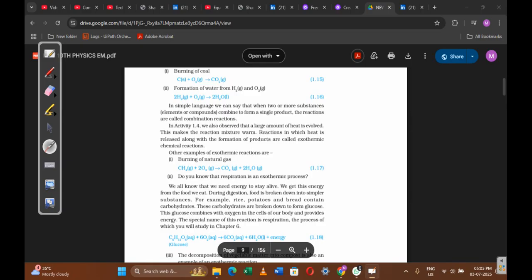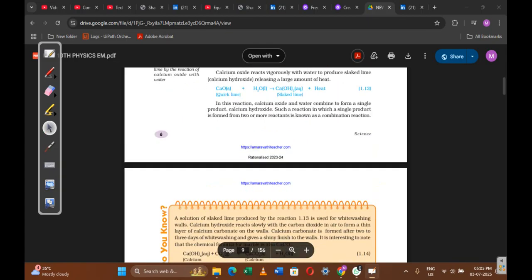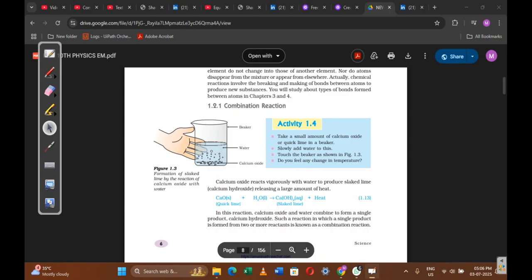We call such reactions exothermic reactions. In activity 1.4, we discussed just now the reaction of calcium oxide with water, where heat energy is released. So this reaction is an exothermic reaction.